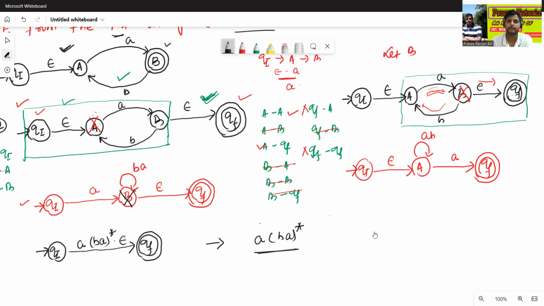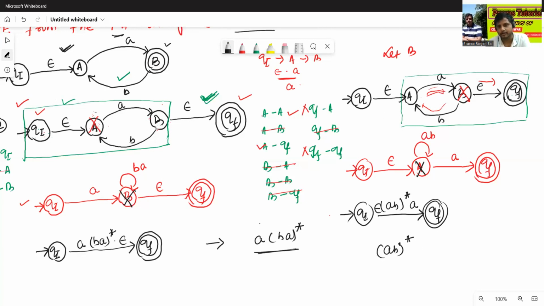Now we'll remove A. This is Qi, this is QF. So we'll get epsilon, then AB whole star, then A. That means the regular expression in this case is AB whole star A. Remember, in the earlier case, when we eliminated state A first, we got the regular expression A BA whole star.